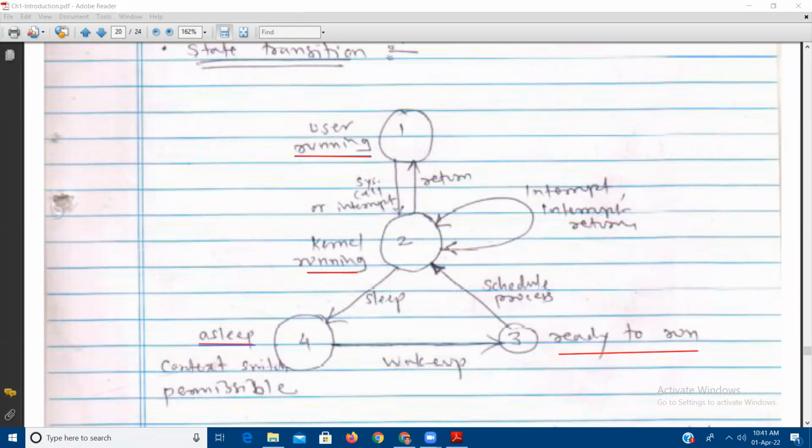After kernel running, if execution is over and it wants to return something to the user, it goes to the user running state. So these are the 4 major states.